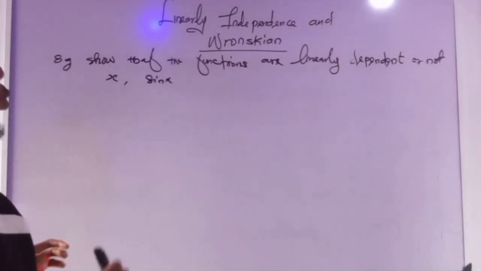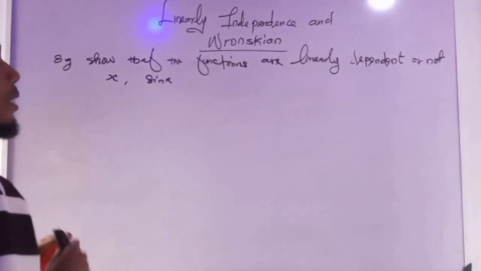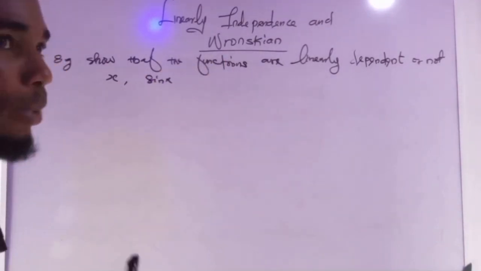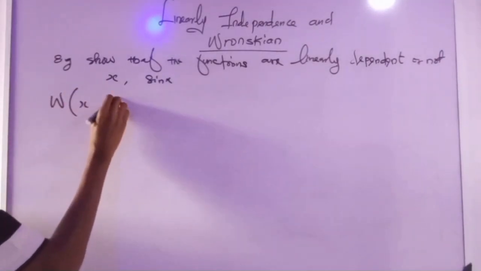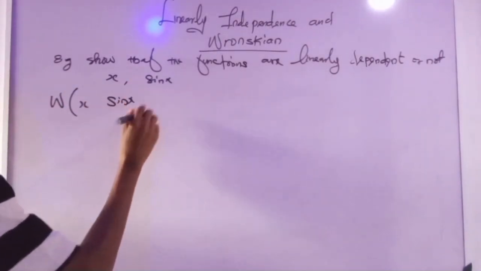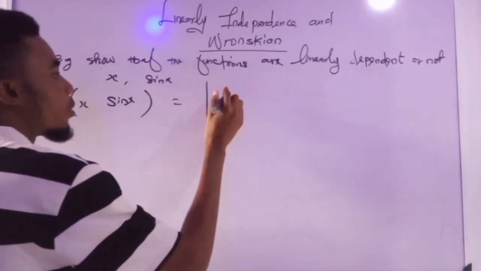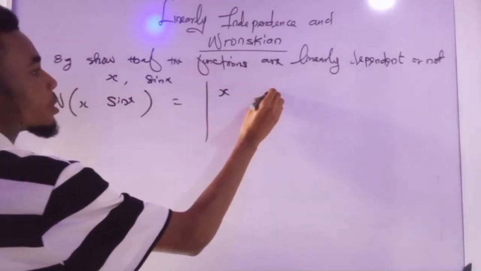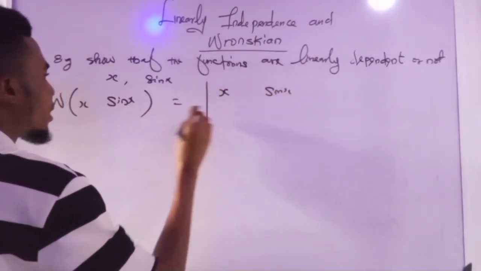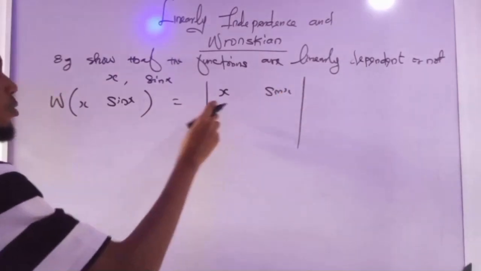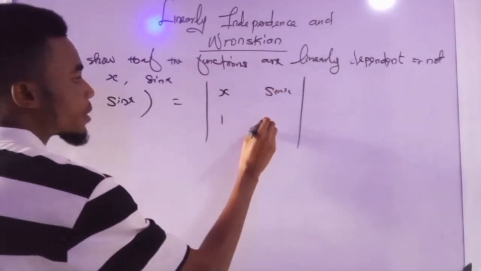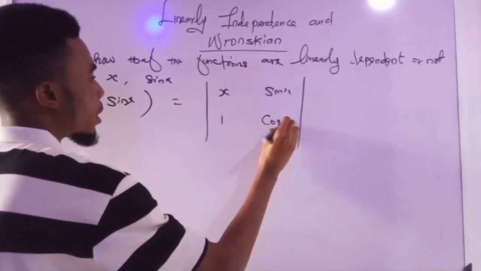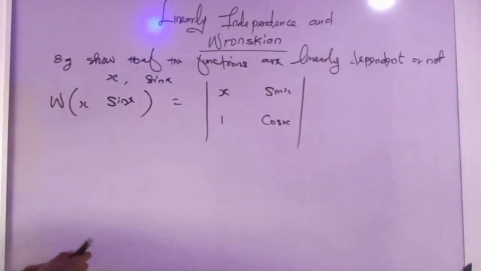In this example, we show whether these functions are linearly independent or dependent. So we have the Wronskian of x and sine x to be the determinant of the square matrix of the functions first, which is x and sine x, and their derivatives. So the derivative of x is 1, derivative of sine x is cos x, making it a 2 by 2 matrix.